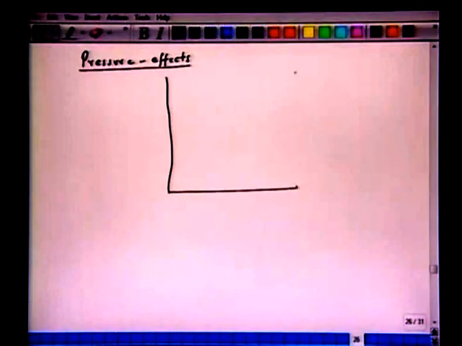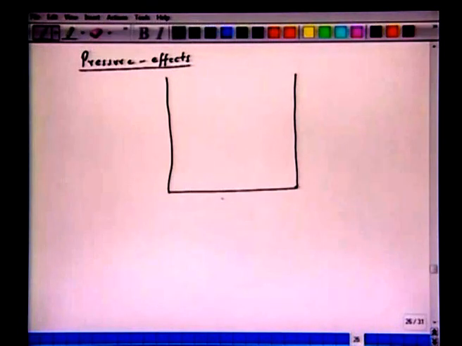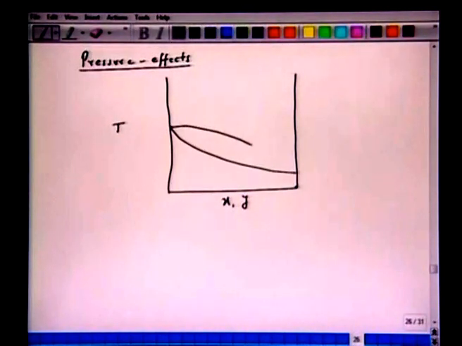So let us plot this pressure effect. Okay, so we have the Txy diagram, what we did earlier, X, Y, we have Txy. Let's say that we have plotted this Txy for a certain pressure.